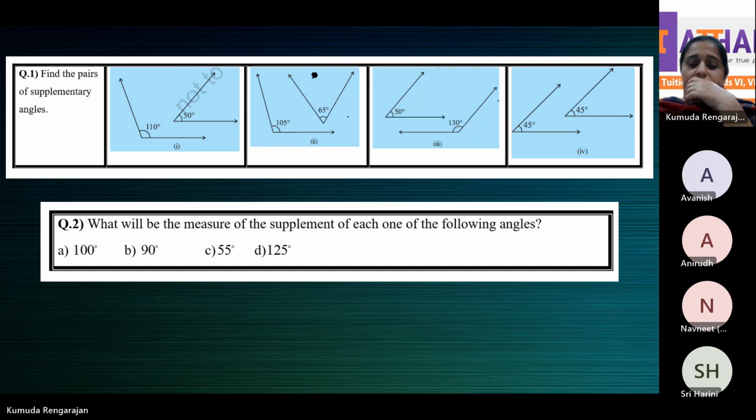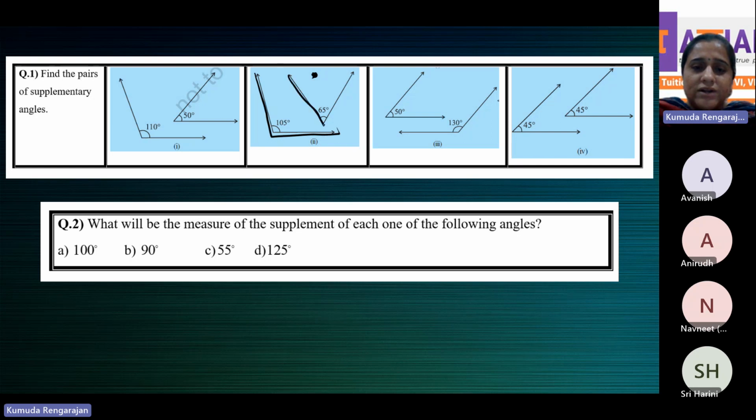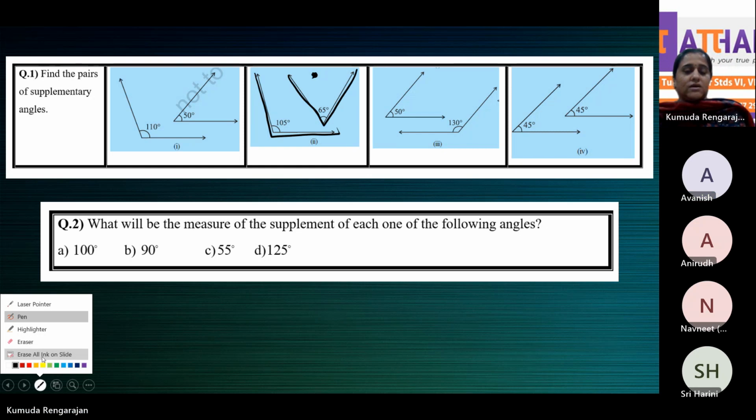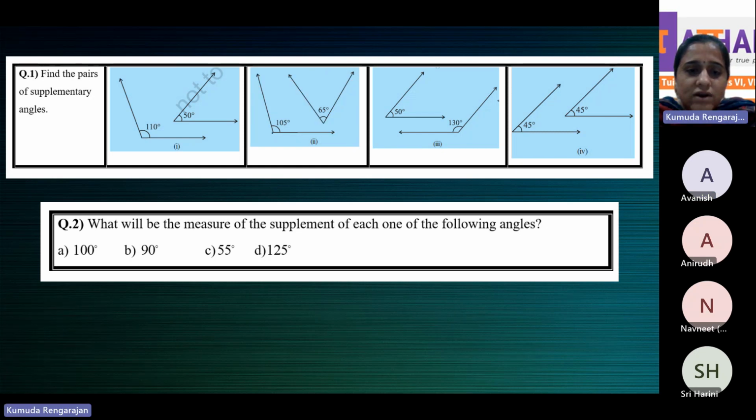Different, ma'am. Avanish, this angle and this angle, do they have the same vertex or different vertices? Different, ma'am. Because this is the vertex of the angle which measures 105 and this is the vertex of the angle that measures 65. They have different vertices.